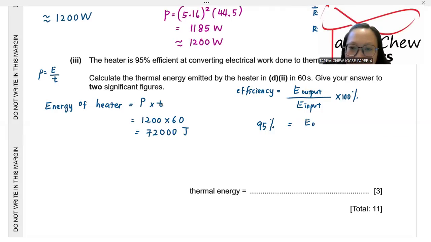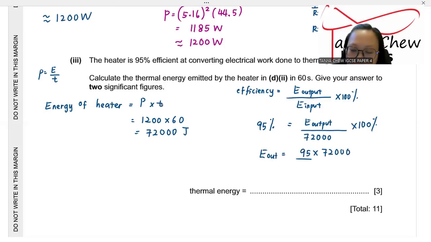In this case, the output energy is heat. Most of the time, the heat is the wasted energy. But this is a heater, we want heat, right? So the input energy is 72,000. The output energy is equal to 95 times 72,000 divided by 100.